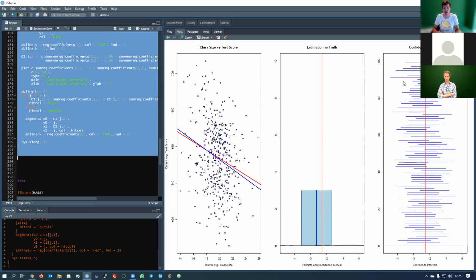If we do this not 100 times, but 1,000, 10,000, or 1,000,000 times, we would expect that on average 5 out of 100 confidence intervals will not cover the true value. If I go back 3 plots, we see this confidence interval here really does not cover the true value.